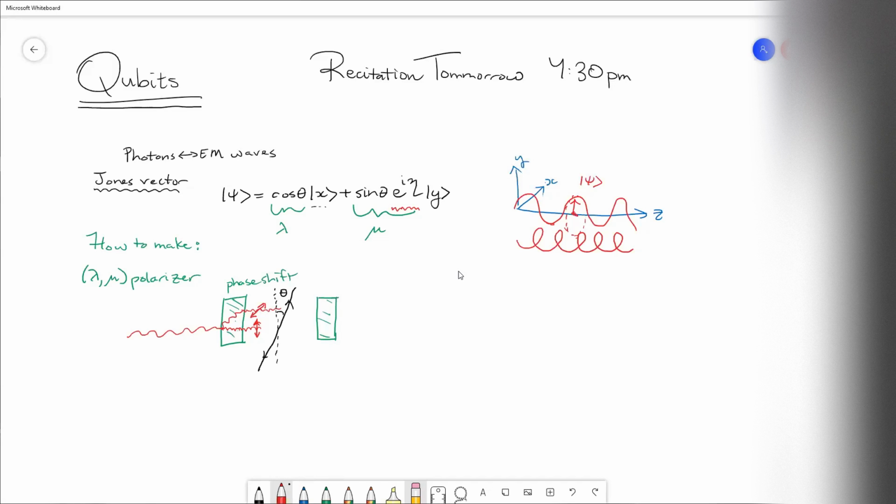And then both of these pass through the linear polarizer. And then here you put a birefringent material in the opposite orientation so that it shifts the polarizations back together. And so in the end, the light wave comes out.